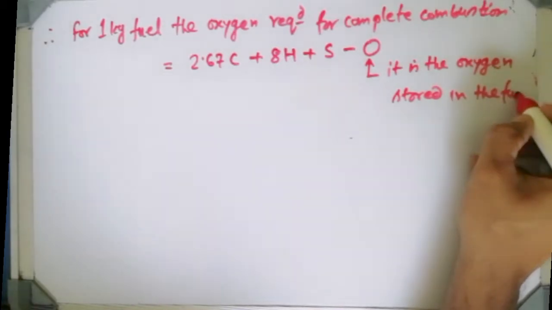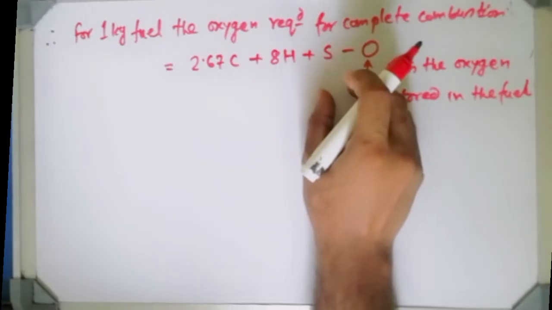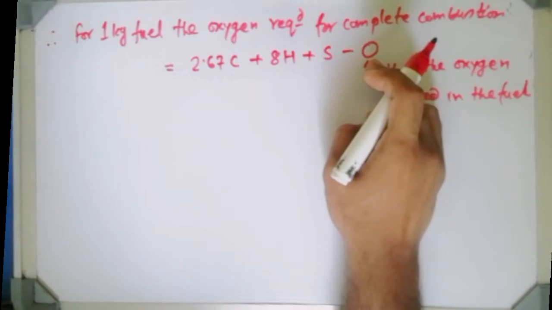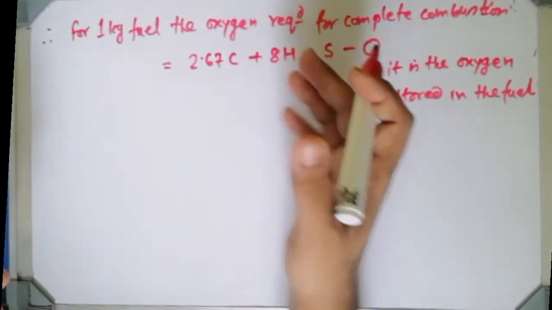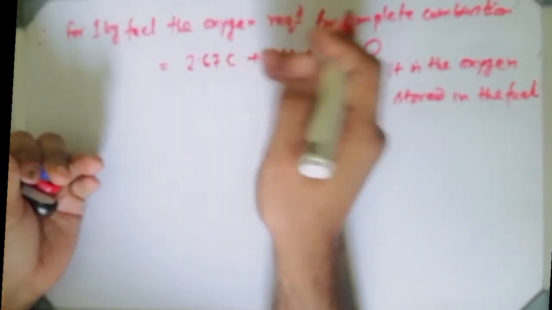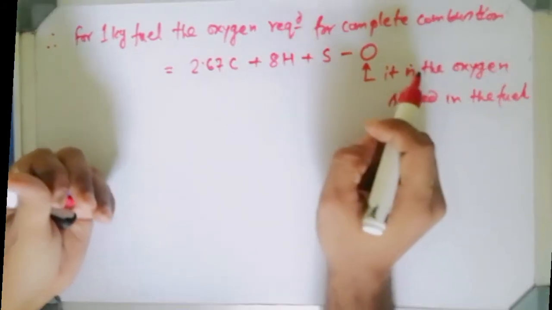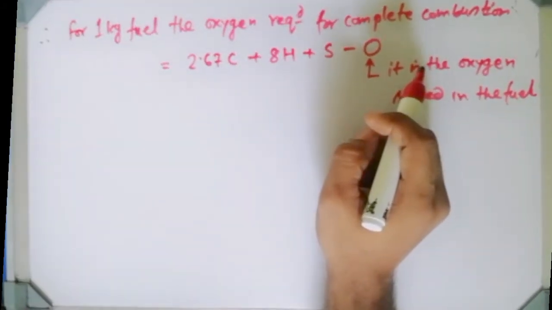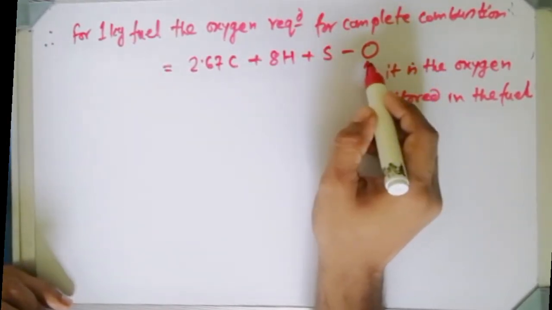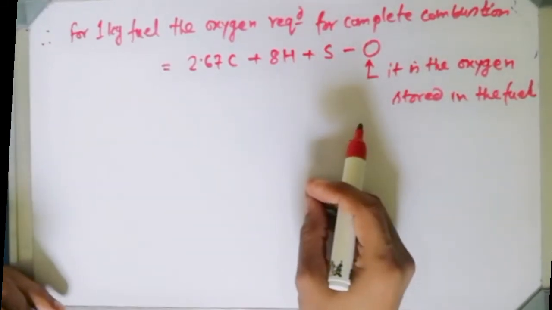So the amount of oxygen we have to supply from our atmosphere, we have to subtract this oxygen, because it will compensate some of the requirement. If you are unable to understand, then please ask. That's why I am subtracting the oxygen previously stored inside the fuel. This expression gives the amount of oxygen we have to supply for 1 kg fuel burning. Mind it, it is for 1 kg of fuel burning, and it is complete combustion.